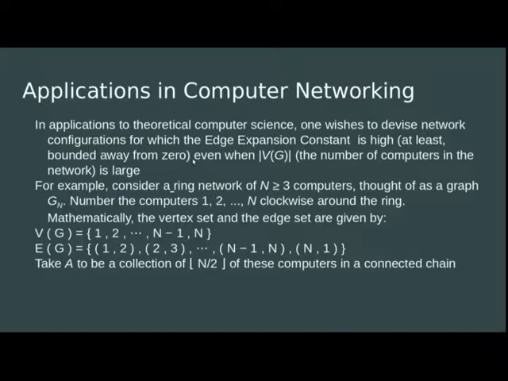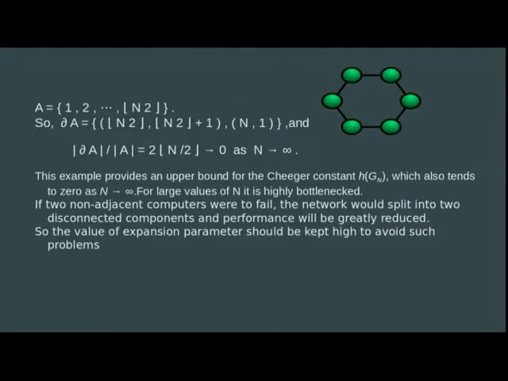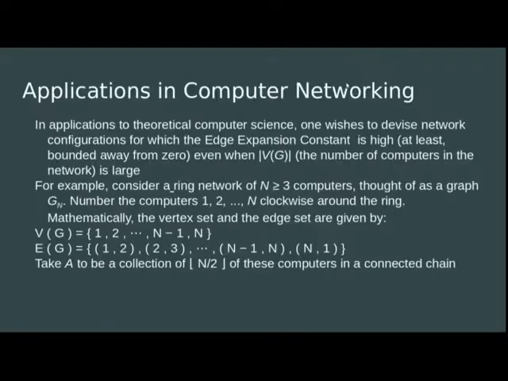For example, take a ring network of n, which is more than two systems, where each node represents a system, and define V of G as a set of vertices and E of G as a set of edge pairs between adjacent nodes.